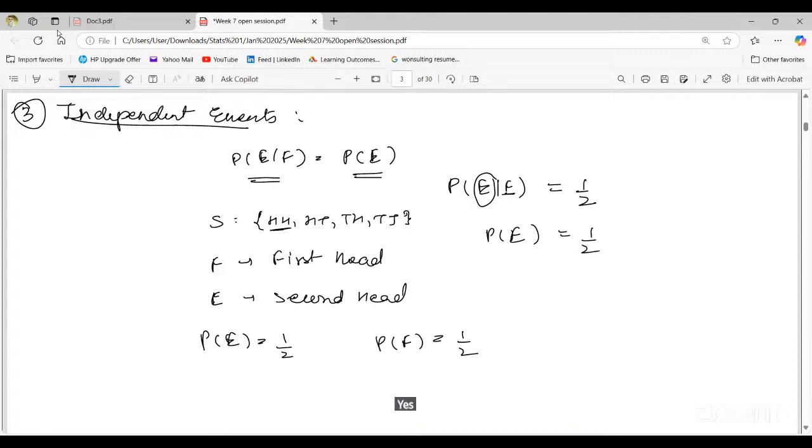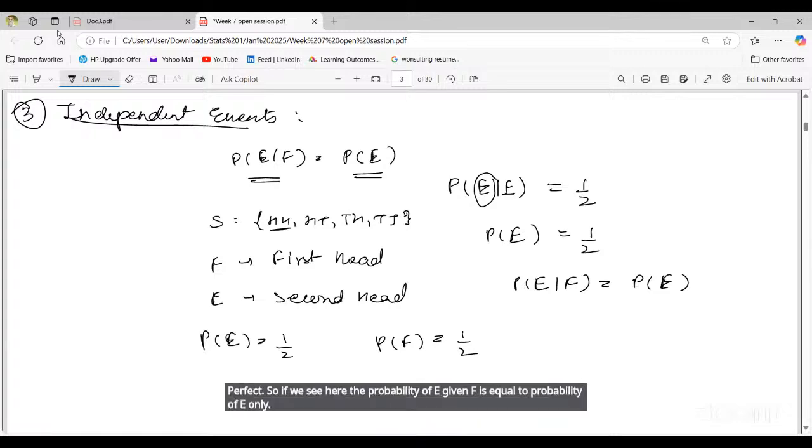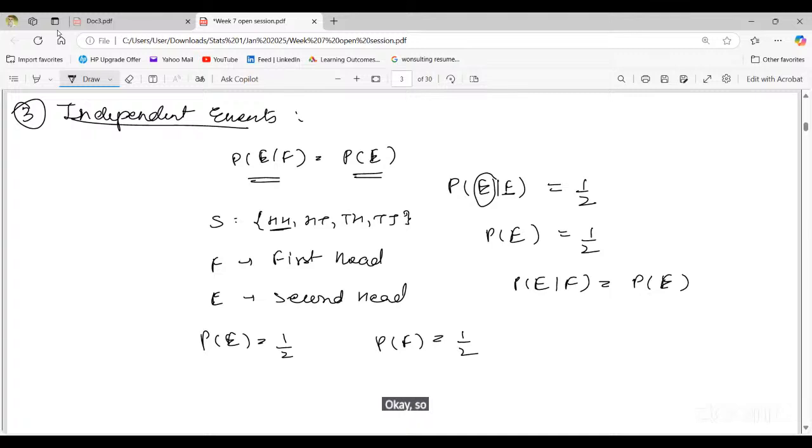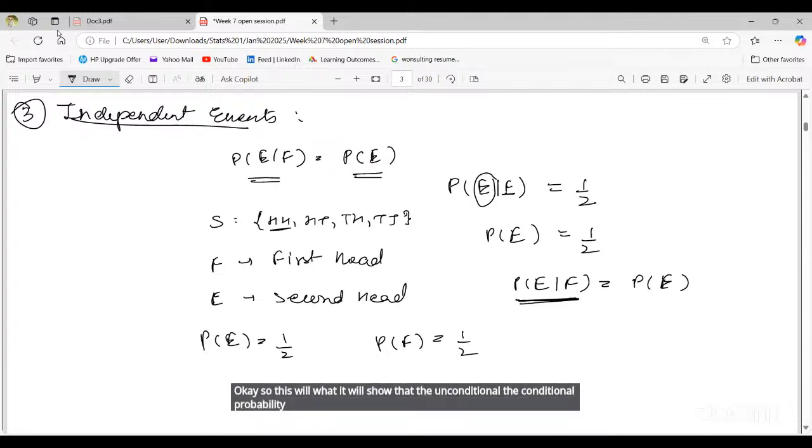Yes, ma'am. So the probability of E given F is equal to the probability of E only. This shows that the conditional probability of E given F is equal to the unconditional probability of E. That means it is not depending upon F.